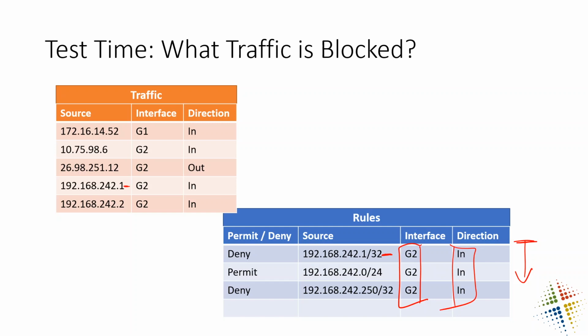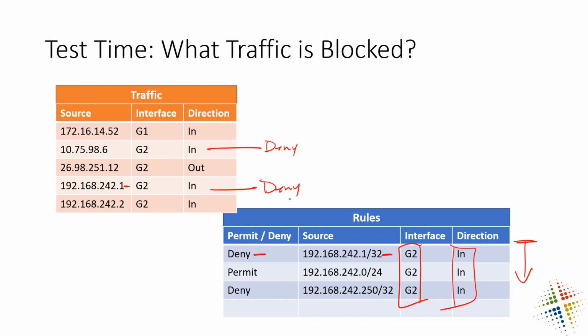That matches. Therefore, we are being denied. There we go. So the very first rule denied that, which might suggest that the more you expect something to be denied, you might actually want it to be the very first item on the list. So this guy has been denied.